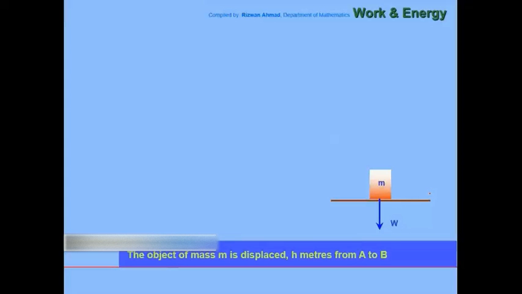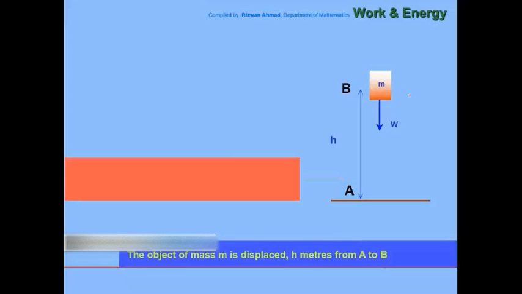So it has moved h meters from point A to B upwards like this. So obviously it will be done by some other force. So we'll use the term the work done by some other force against this weight, against the gravity. So that will be equal to, from point A to B at a distance h, it has moved.